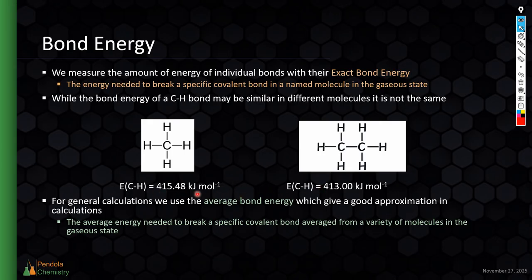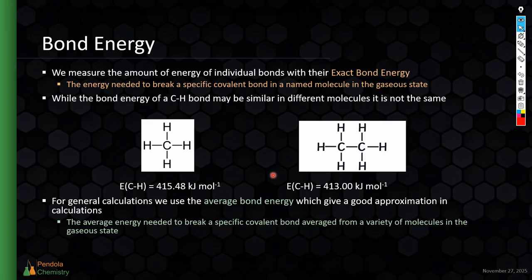The one in methane has an exact bond energy of 415.48 kilojoules per mole, meaning it takes 415.48 kilojoules to break 1 mole of CH bonds in methane, whereas in ethane it's 413.00 kilojoules per mole. So it is not a lot different, but slightly different.